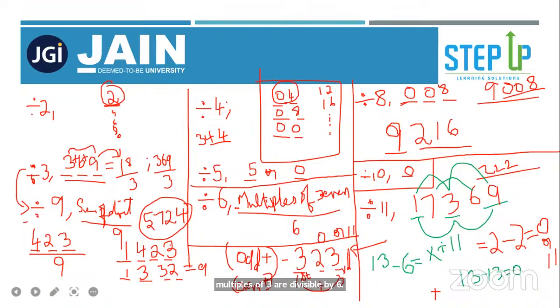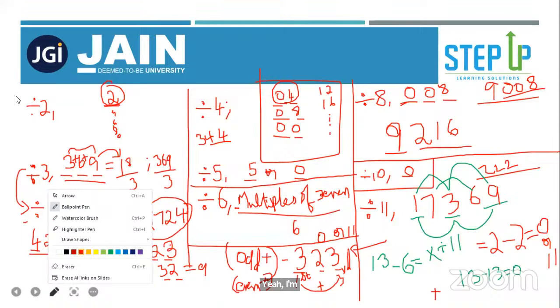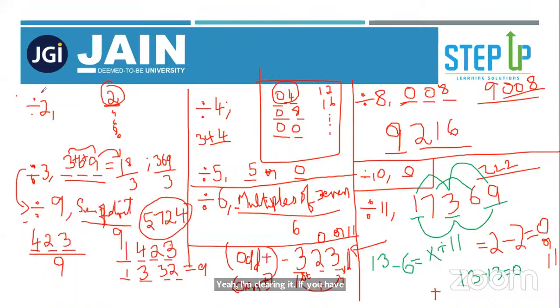Is that clear? Okay, 90 is an even number. If you have done till here, you can take a screenshot of it.